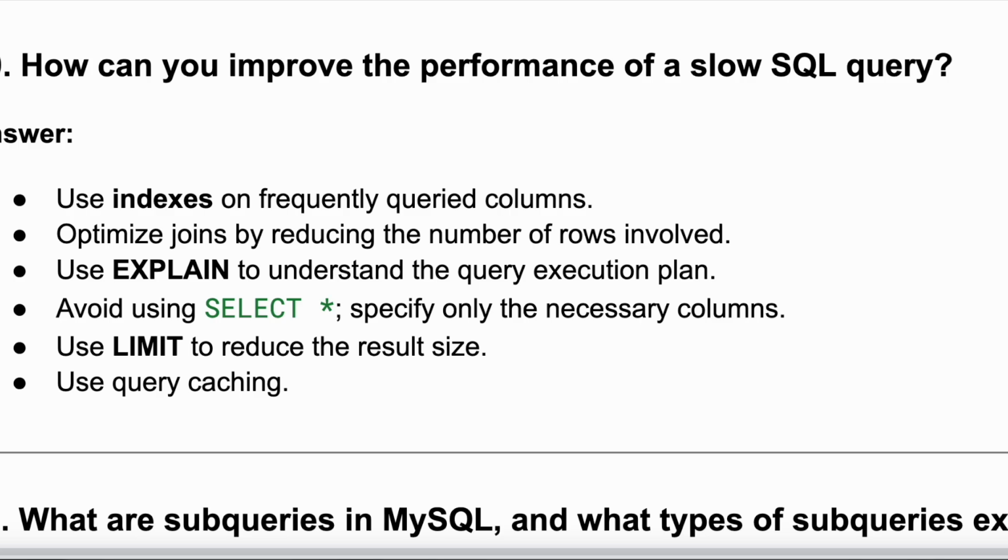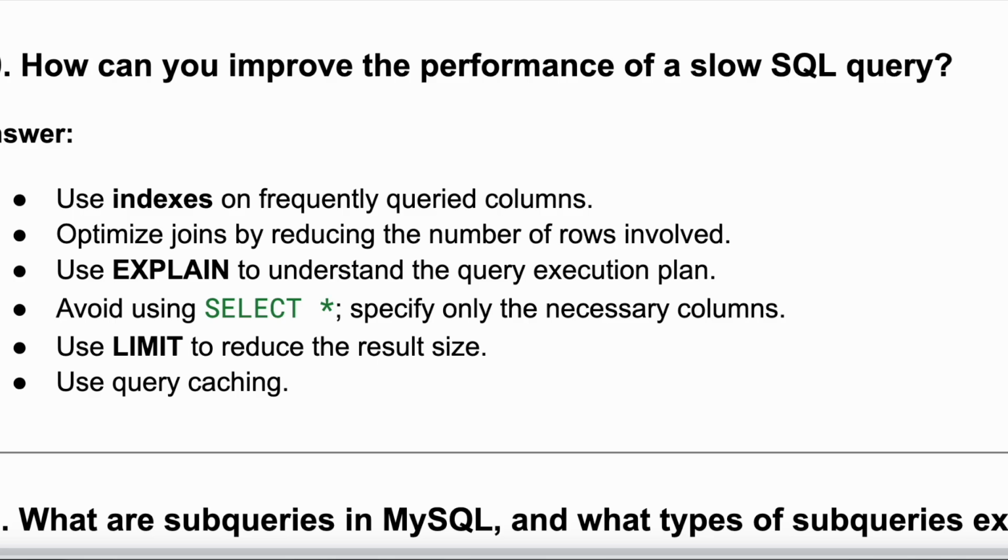First, you can create indexes on frequently queried columns, as I've already discussed. Then you can use optimized joins by reducing the number of rows involved. That can also help you improve the performance.